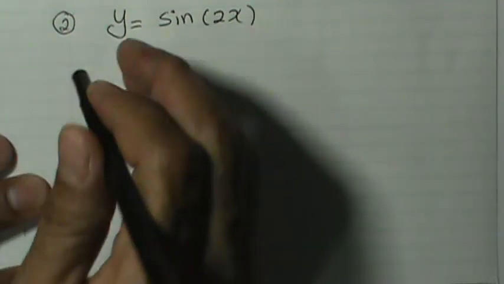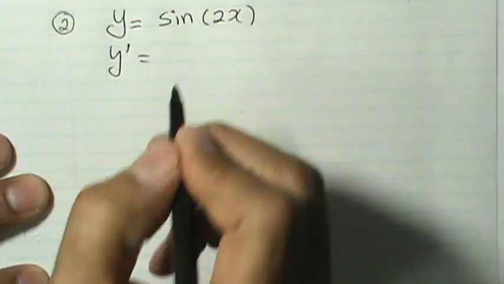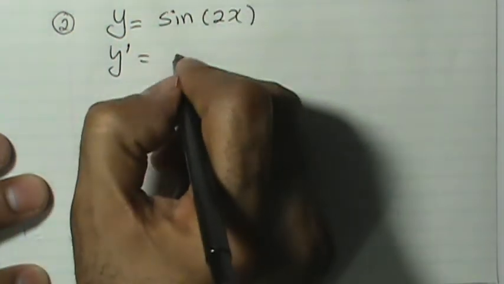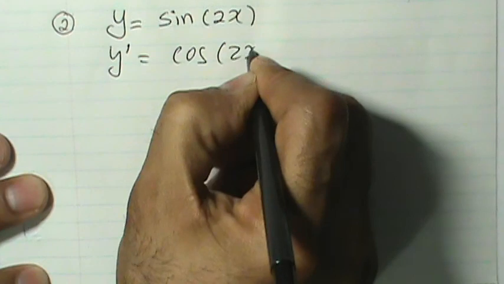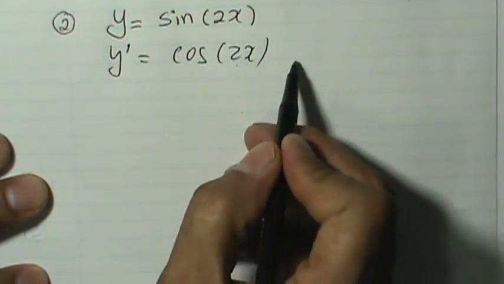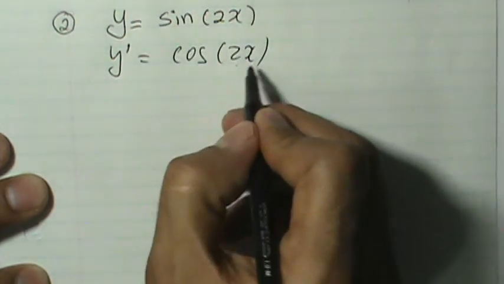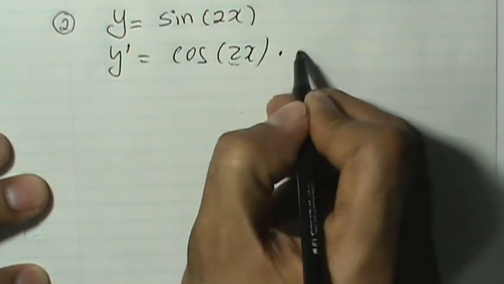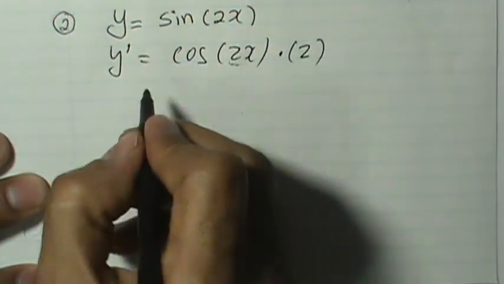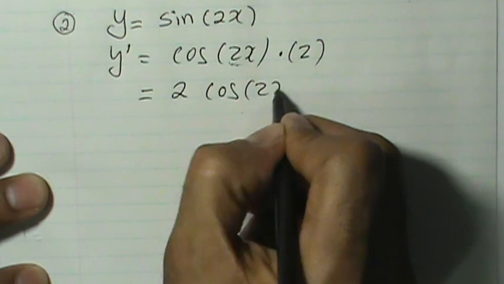So now, to find the derivative, we said the derivative of sine theta is cos theta. And now don't forget to take the derivative of theta and multiply outside by cos theta. The derivative of 2x is 2. So therefore, to put it in simplest form, we have 2 cos theta.